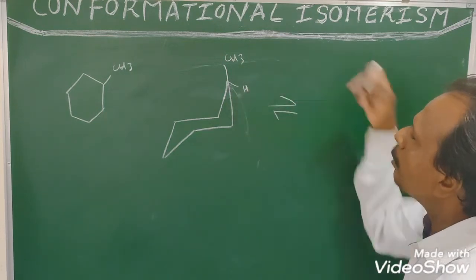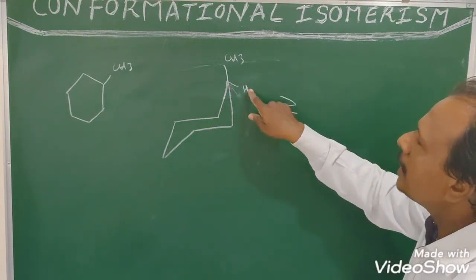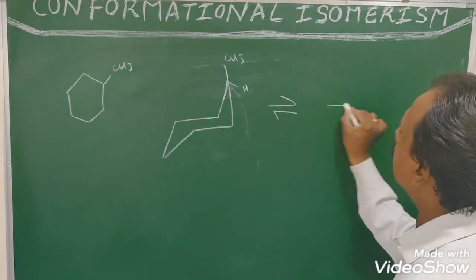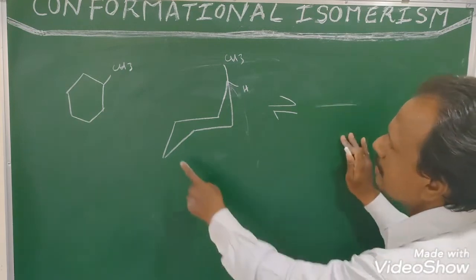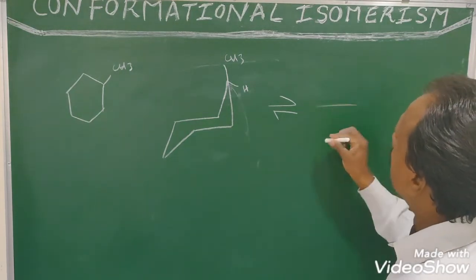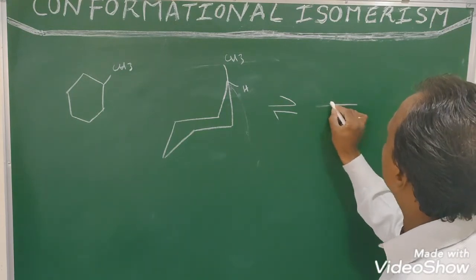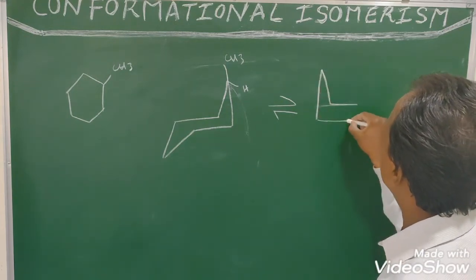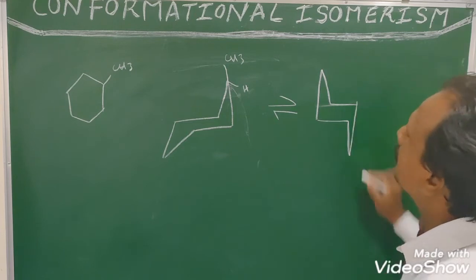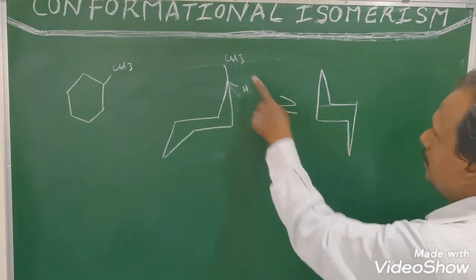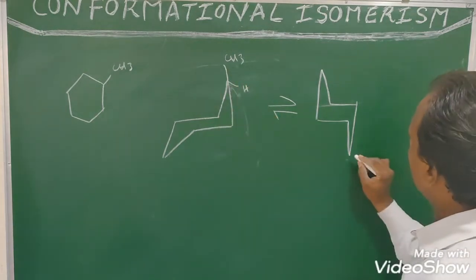Axial becomes equatorial. The equatorial H becomes axial. In the flipping process, what happens? This footrest is converted to the headrest. The location of methyl is here. Here it is axial methyl. It becomes equatorial methyl.